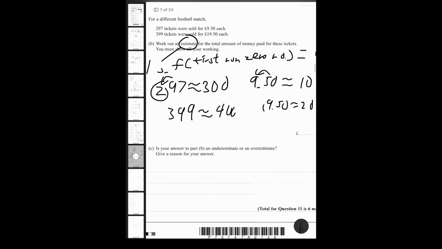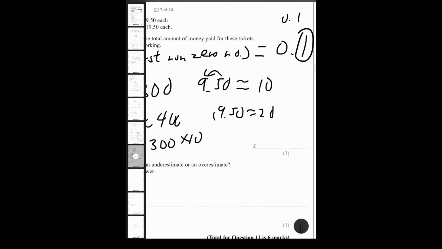That means 300 times 10, because 10 quid for 300 tickets and 20 quid for 400.